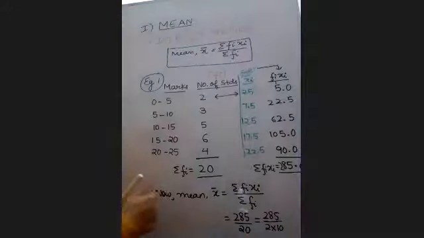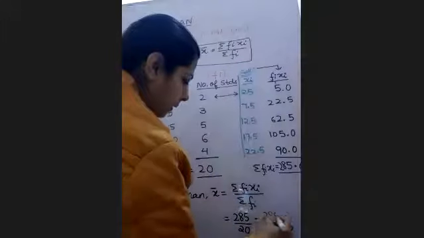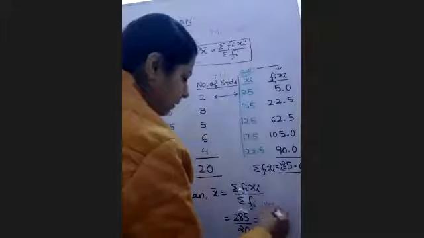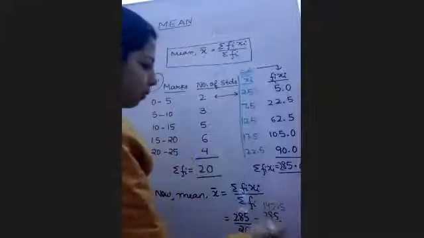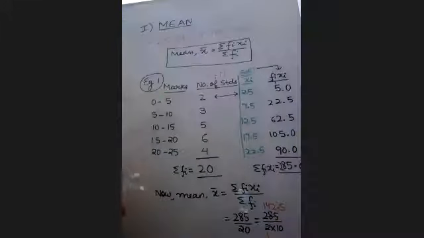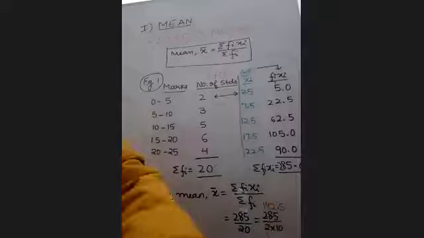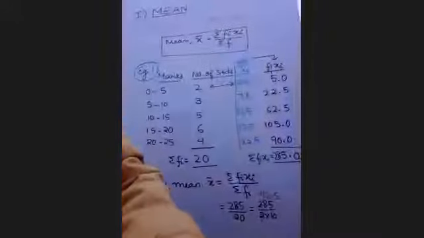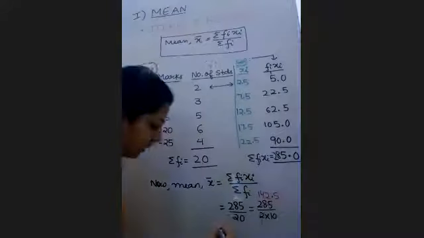So you divide by 2: 142.5. And 142.5 upon 10 makes it 14.25. So the mean is 14.25.